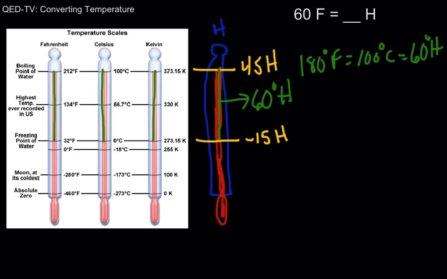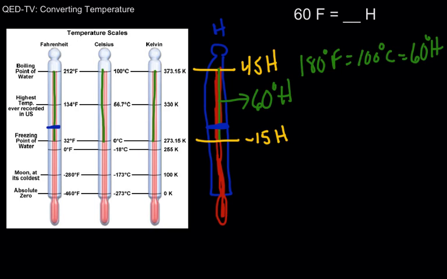So I want to know 60 degrees Fahrenheit. Where is that over here on the Fahrenheit scale? That'd be somewhere in here somewhere. Where does that correlate to on the Herman scale? Somewhere right in here. Where would that be? So I need to take 60 degrees Fahrenheit, and I need to not convert that.